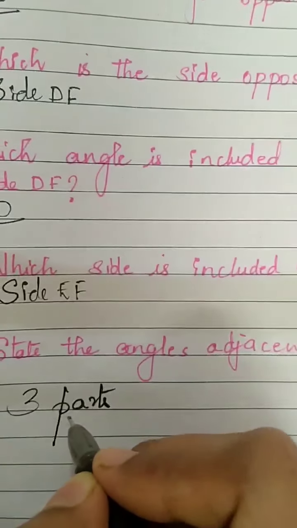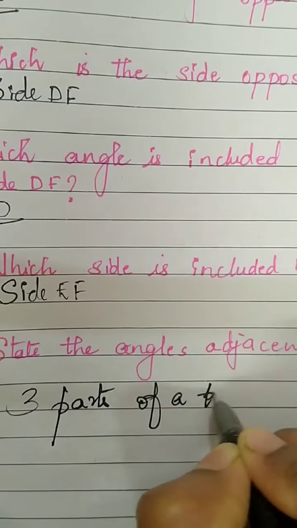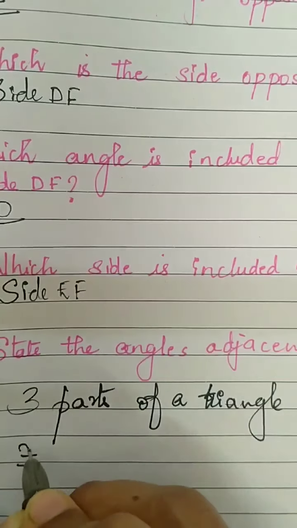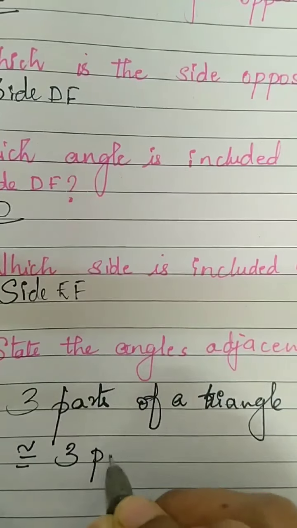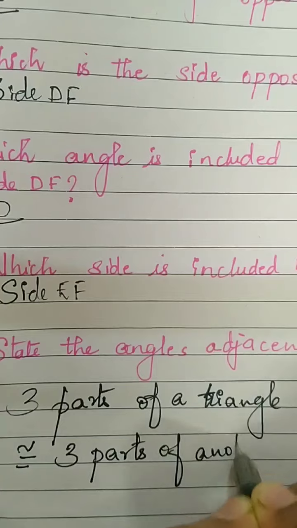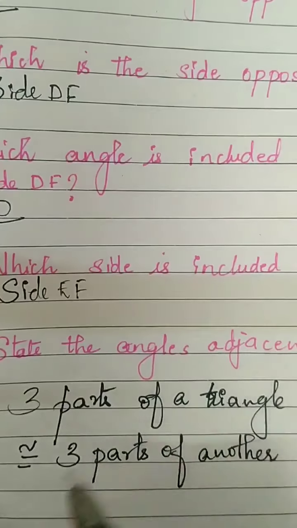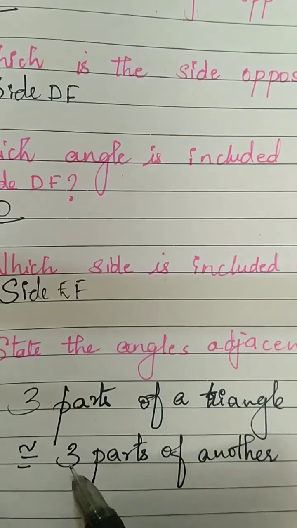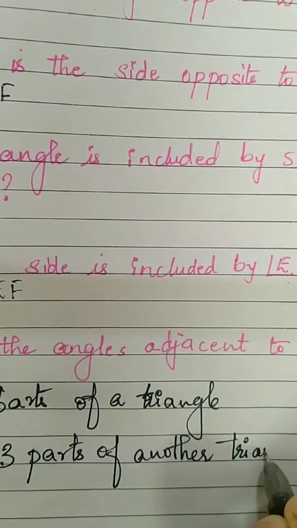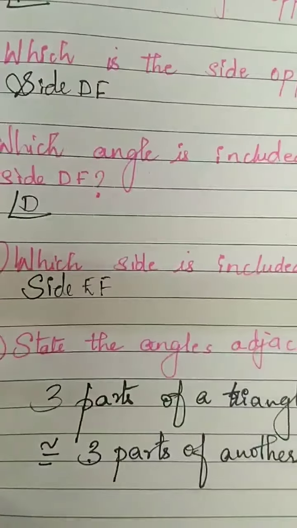Suppose we are able to prove any three parts of a triangle congruent to corresponding three parts of another triangle, then both the triangles can be considered as congruent.